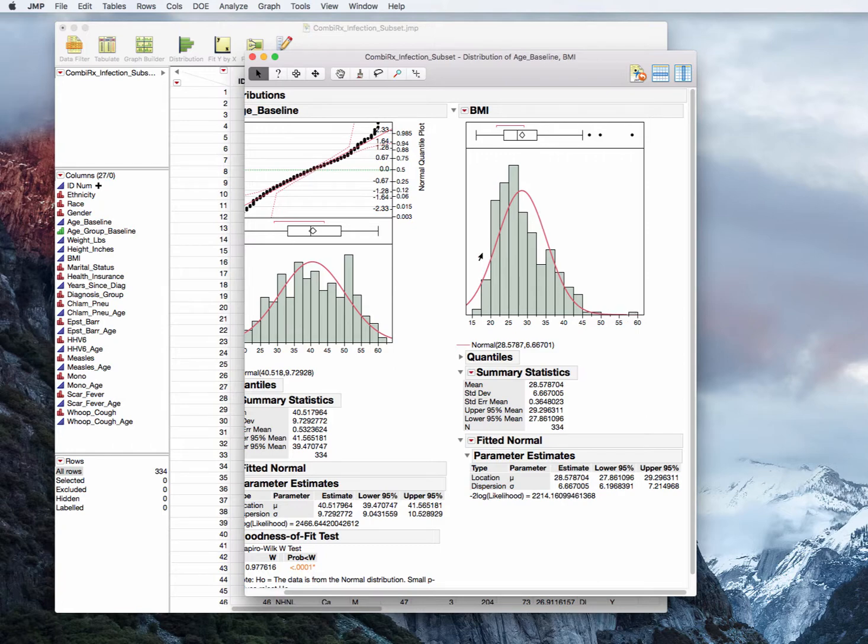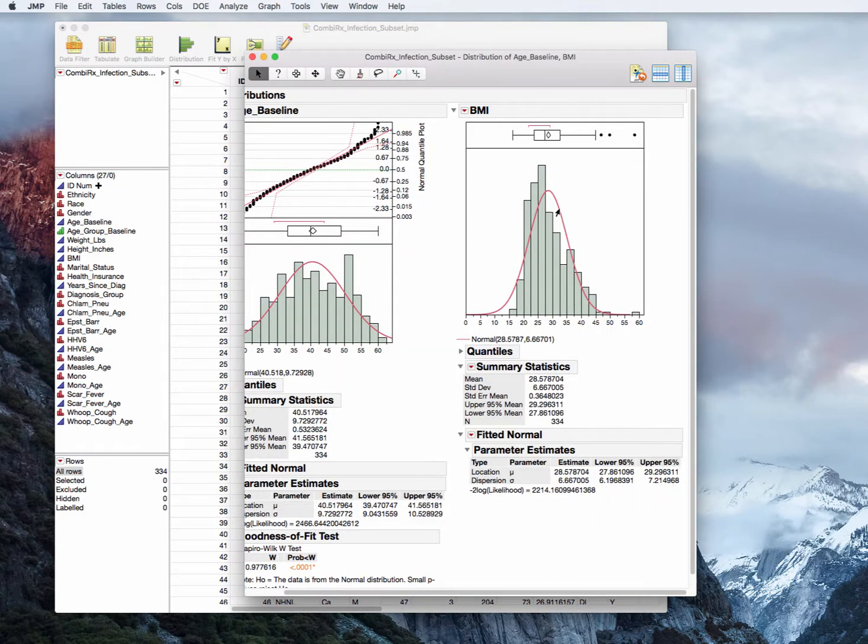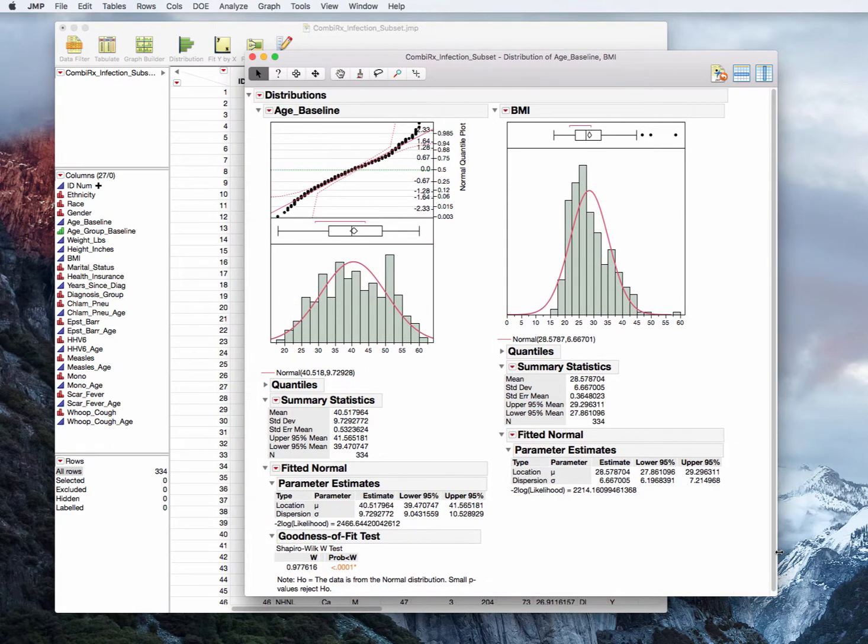So we actually wouldn't expect this to be normally distributed. And in fact, you can see that the tails get cut off here. If I extend BMI down to 0 on the axis, we can see the rest of the symmetry. And then it's really highlighted here that this is not from a normal distribution, much more so than age.